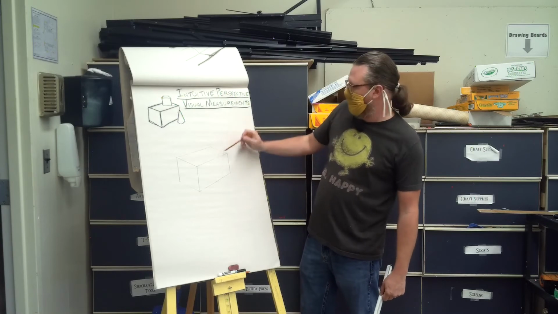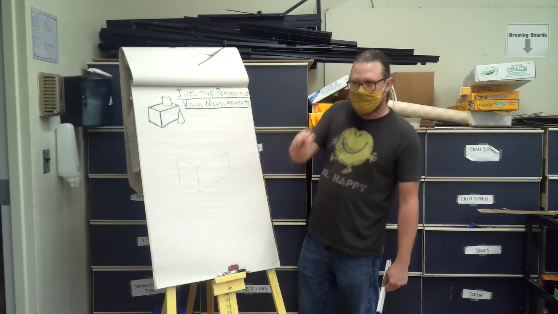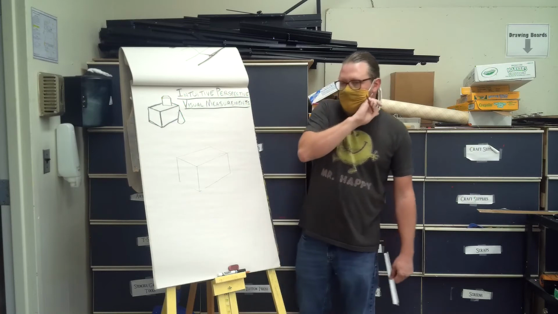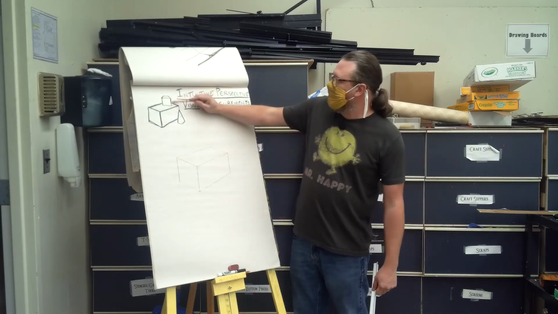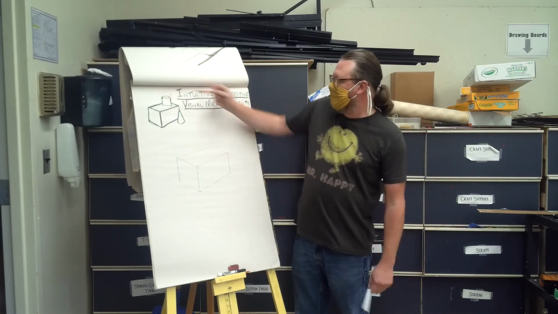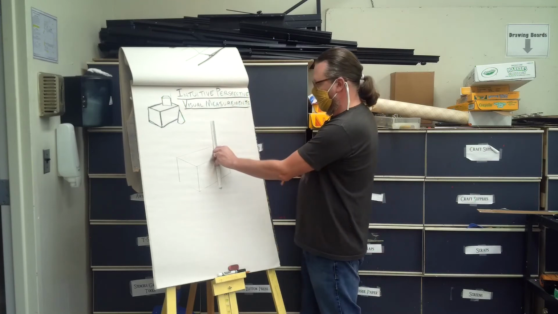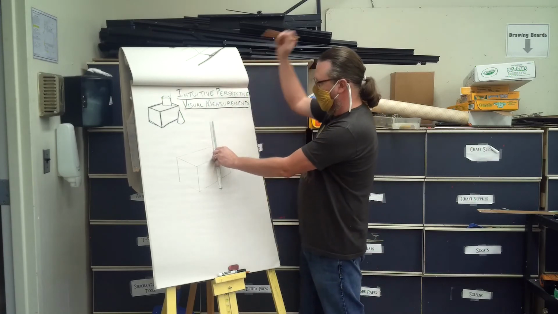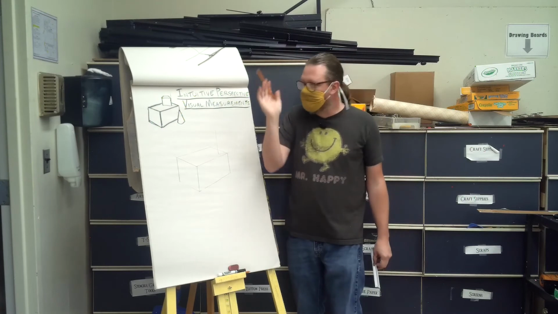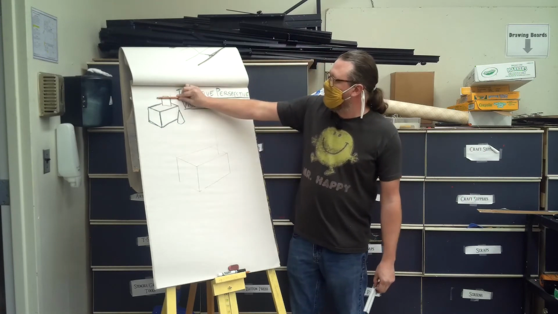Actually, I think it's pretty good. I think right about there should do it. Eyeballing it from there. So now, I'm going to give myself a vertical right there. I don't know how tall it needs to be, so I'm just going to go up. Then I need to get these lines right here.